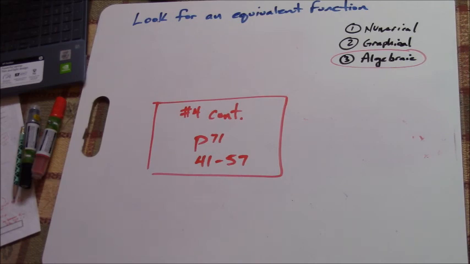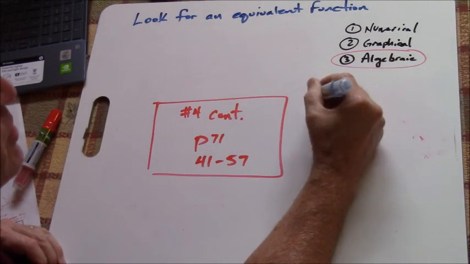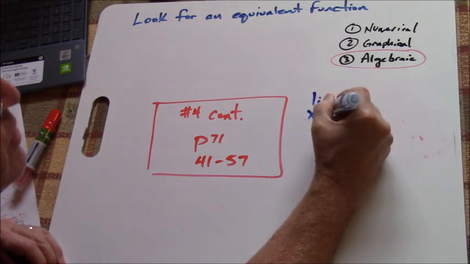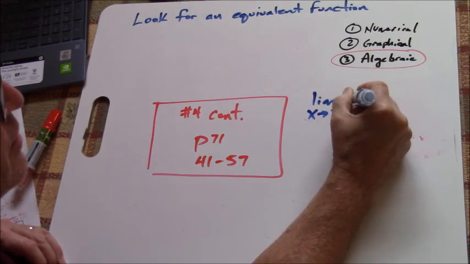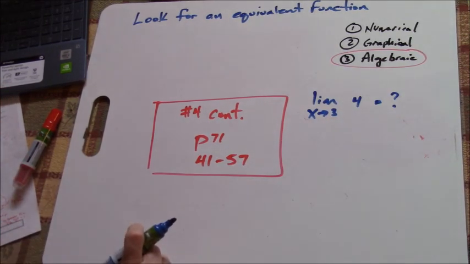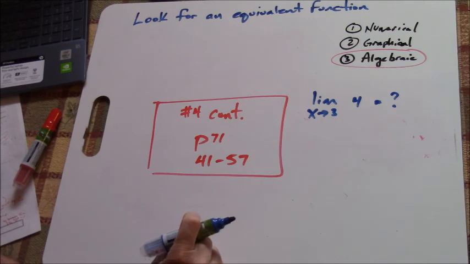That's what we have. Let me just say one more thing. This gets people sometimes. The limit as x approaches 3 of 4. A lot of times people think they can't do that because I can't do direct substitution. I can't plug in a 3.